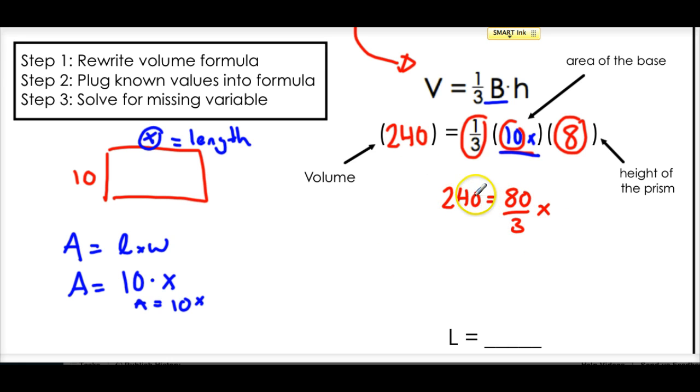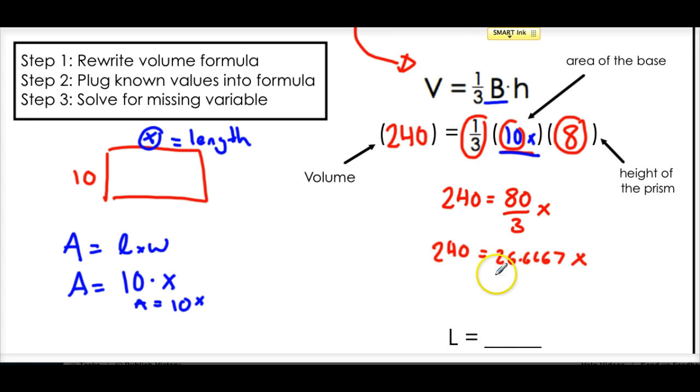So how do we solve this? I'm going to show you 2 ways, because I like all of you. The first way is to get 80 over 3 as a decimal. 80 divided by 3 is this, so 240 equals 26.6667x.